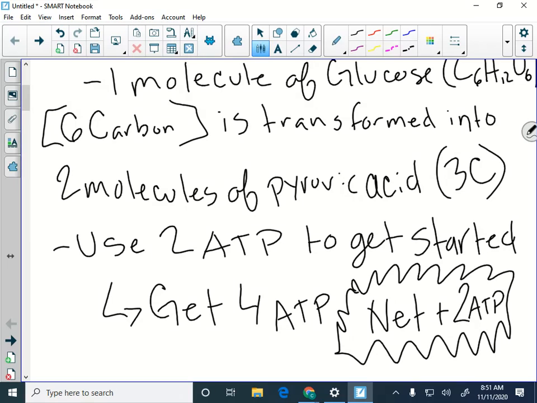So 1 molecule of glucose is going in. We're going to start by spending 2 ATP to break it up. We're going to get 4 ATP out, and we're going to get pyruvic acid. Takes money to make money, essentially. Got to do the investment in order to get the reward.